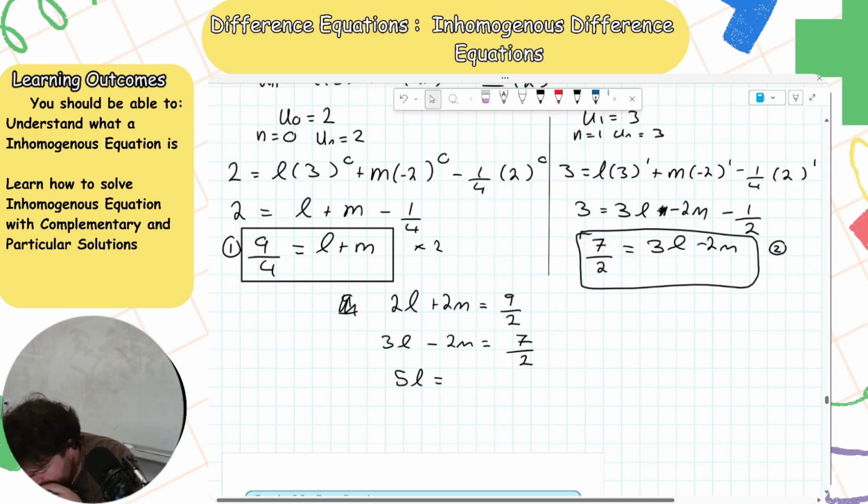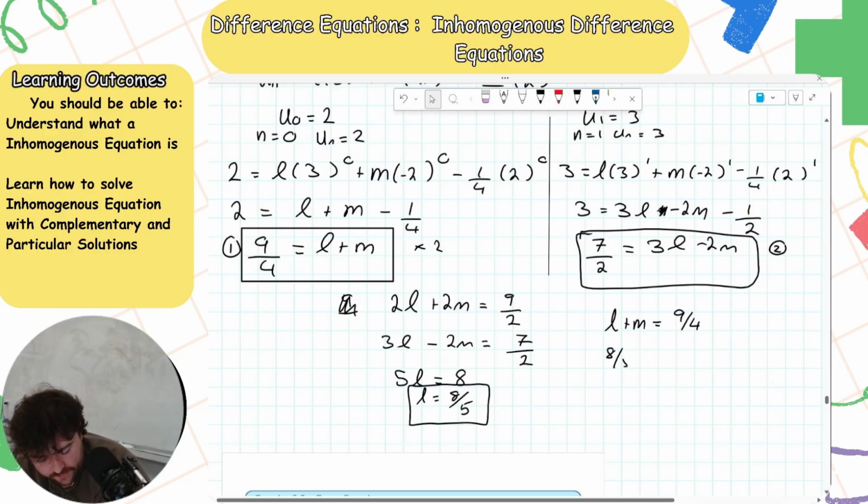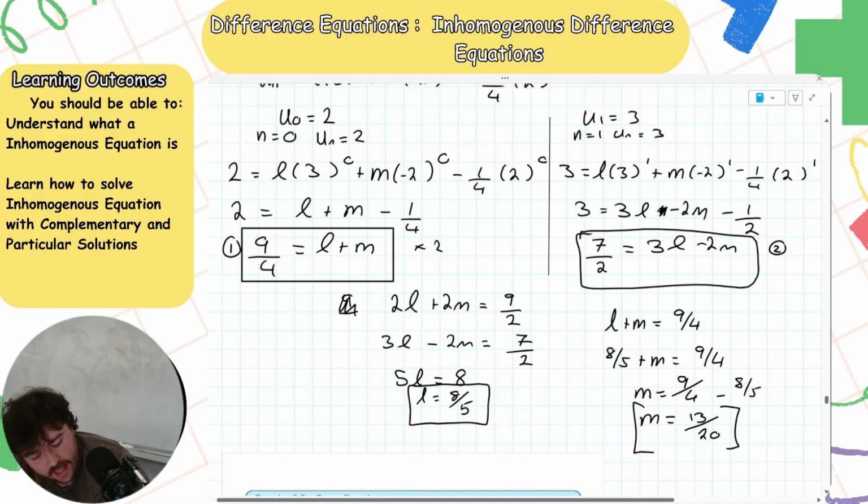So 5L is equal to 8, and L is going to be equal to 8 over 5. And if L is equal to 8 over 5, then L plus M equals 9 over 4, so 8 over 5 plus M equals 9 over 4. M is equal to 9 over 4 minus 8 over 5, and M is going to be 13 over 20. So I found what L and M are.